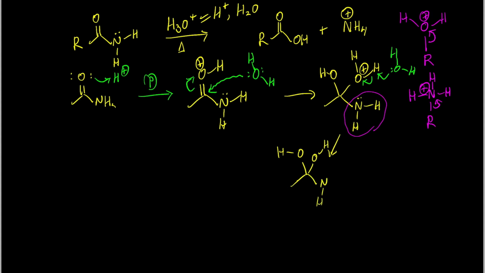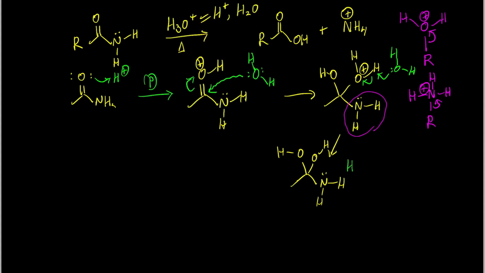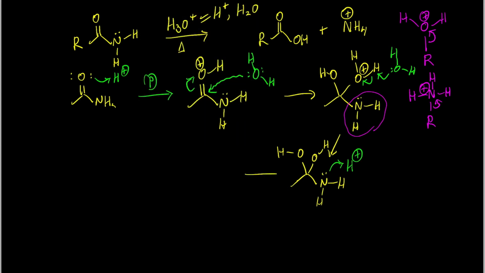Okay, and remember again, we're operating under acidic conditions, so H plus is our catalyst. Protonate. And now we have a good leaving group poised to depart from this molecule. So I finished drawing all these components here.